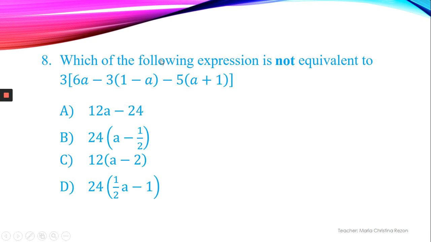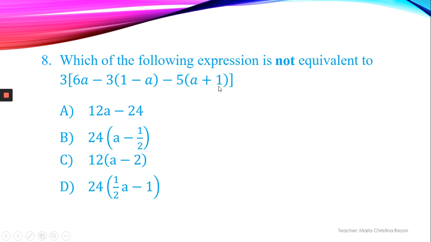So you have number 8, which of the following expressions is not equivalent to 3 times the quantity 6a minus 3 times the quantity 1 minus a minus 5 times the quantity a plus 1. Now, we have 2 ways of answering this actually. It's up to you which one is convenient for you.